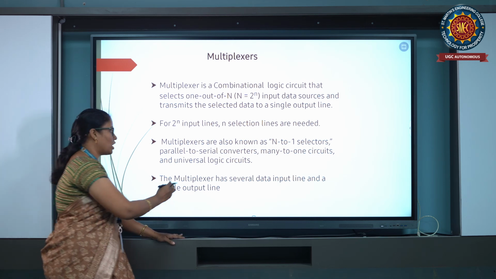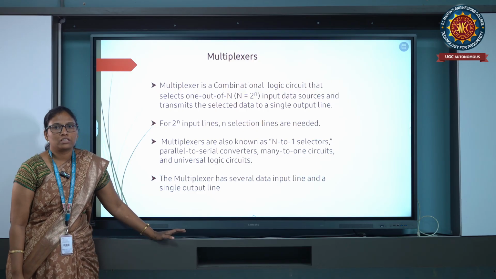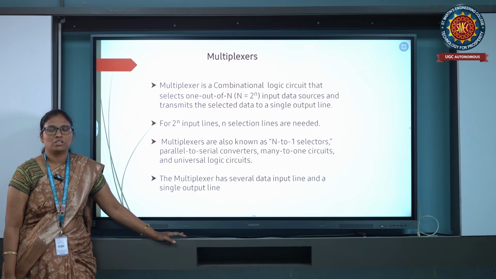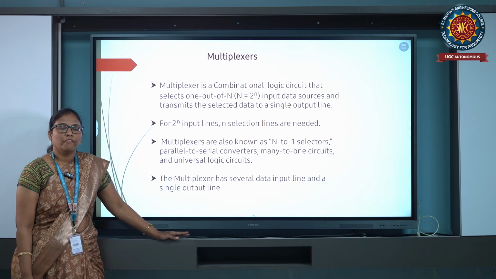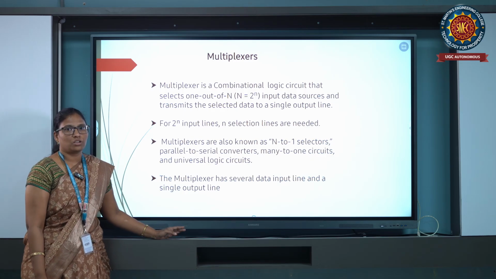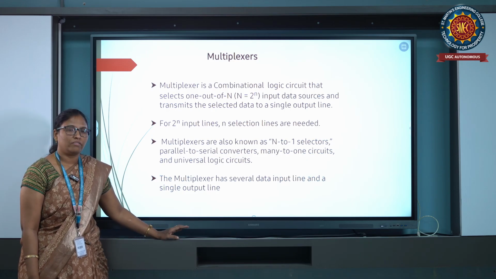They are also called universal logic circuits, because using these multiplexers we can design other combinational circuits like adders, subtractors, encoders and decoders. Using these multiplexers we can reduce the number of wires.